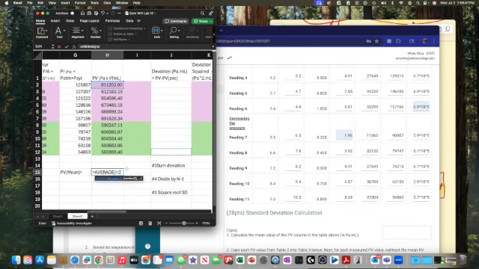And then use a colon and then the last one, H12. Yeah. And it selects the whole thing for you. Press enter and then you get that. That's the average from H2 all the way to H12. When you click on that, it selects all the numbers. Okay. So that's our average.